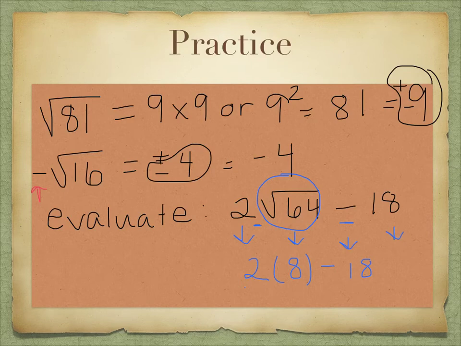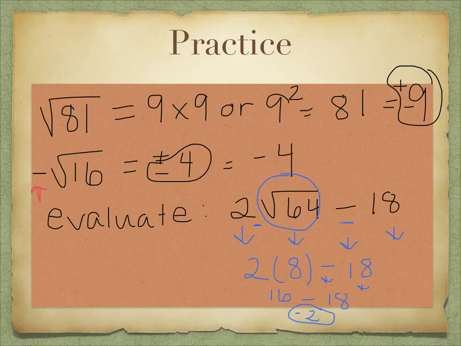Remember, if you have a number that is right up against the parentheses, that means to multiply. So 2 times 8 is 16. Bring everything else down. 16 minus 18 equals negative 2. So our answer for this equation would be negative 2.